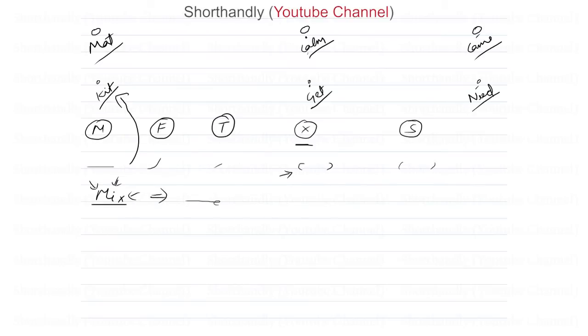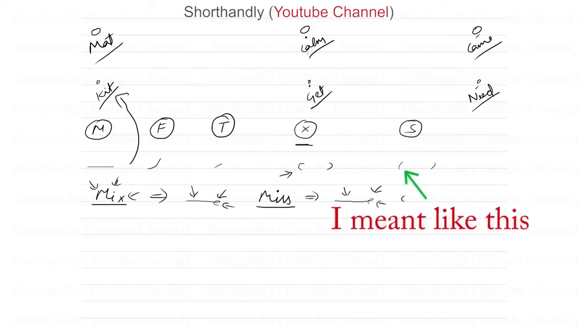Now just pay close attention to what we did here. We first made this M, then there is a very small circle which is the E vowel, then we made this X. Just notice that if we had to make the word miss, we would make it like this, because this is M, then the E vowel, then this S, which is like this.